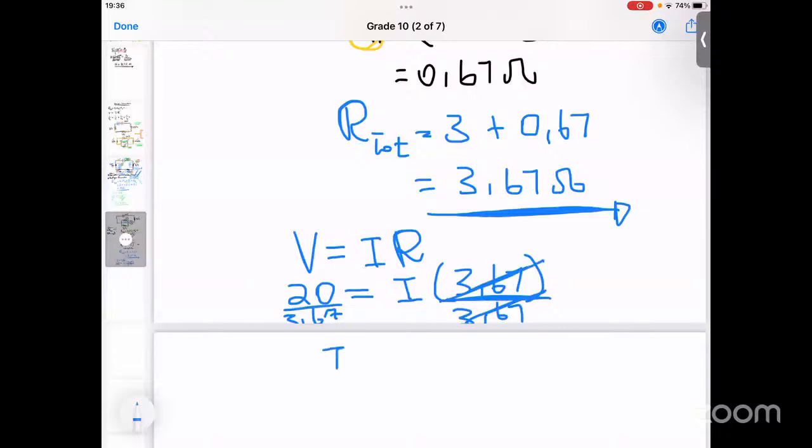Then you've got your I, which equals 20 divided by 3.67, which is what I'm getting, 5.45. Then it's A because it is measured in amperes.